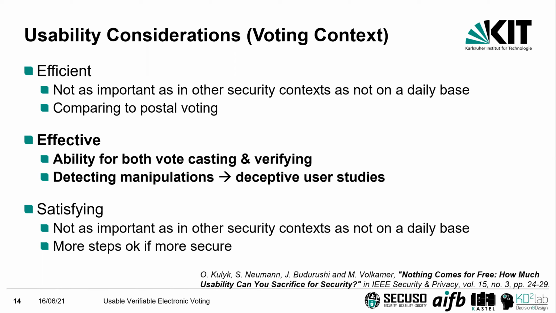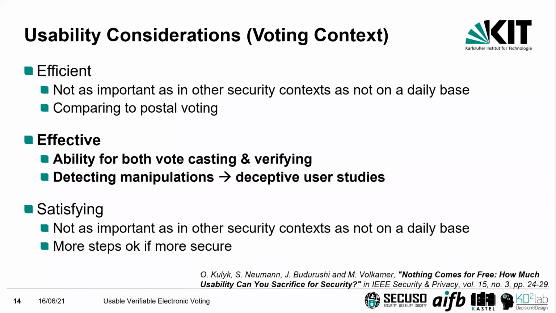So even if there are some cumbersome steps in it, we only cast a vote once a month or even once a year. This one we actually studied in a user study some years ago, where we gave participants 3 different systems, starting off with one of these black box systems, similar to the one you have seen on one of the very first slides.